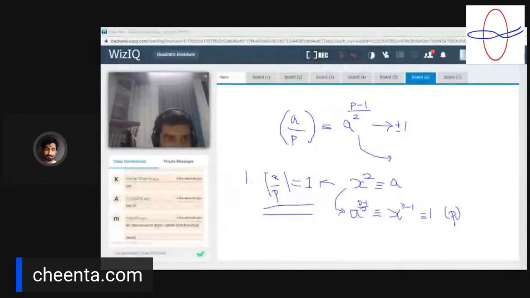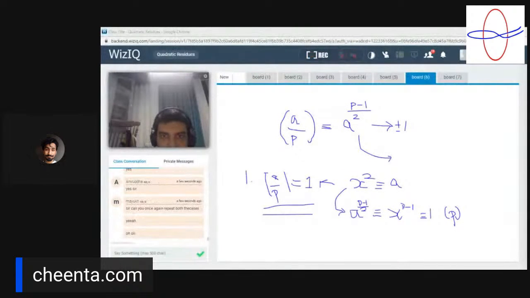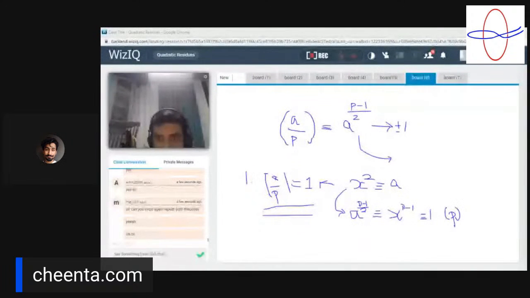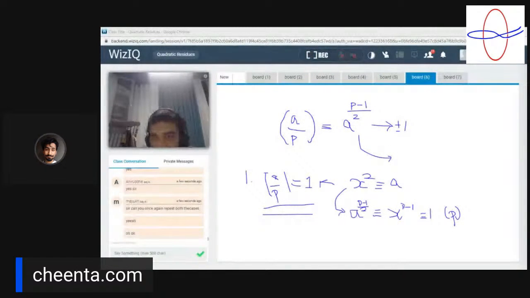Again, we are relying on the fact that a and p are relatively prime, and hence x and p also have to be relatively prime.